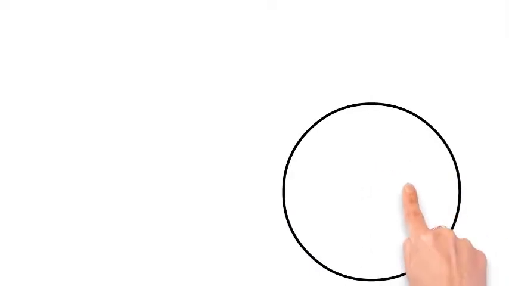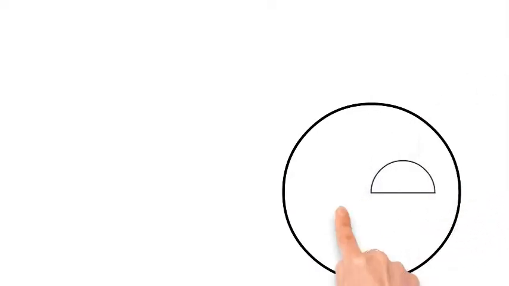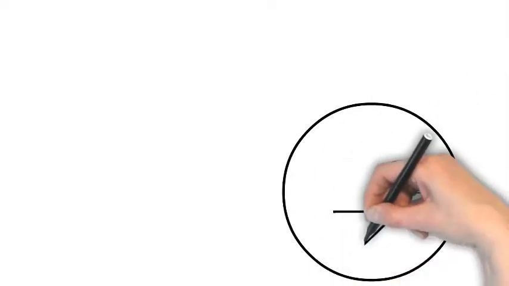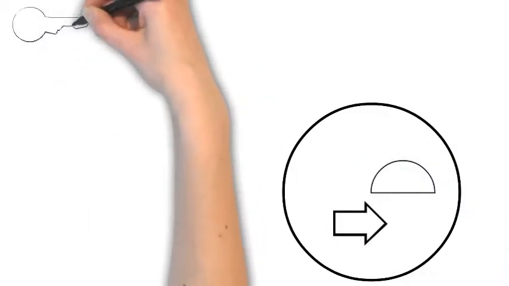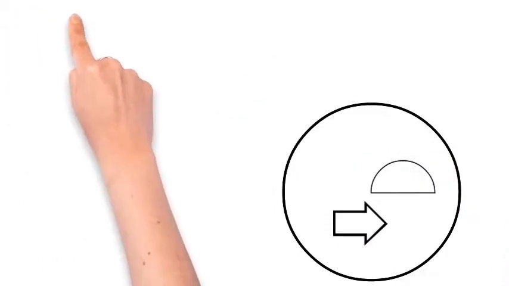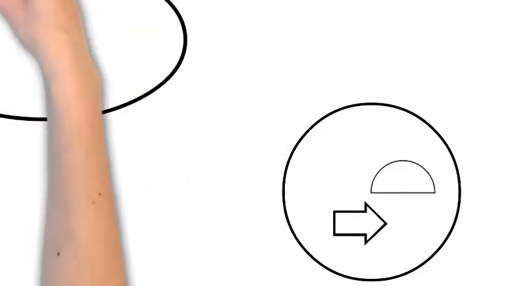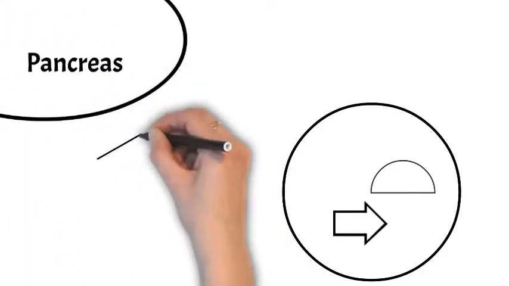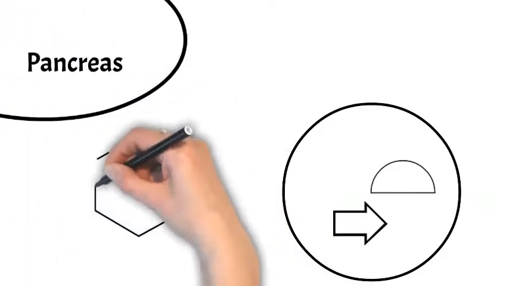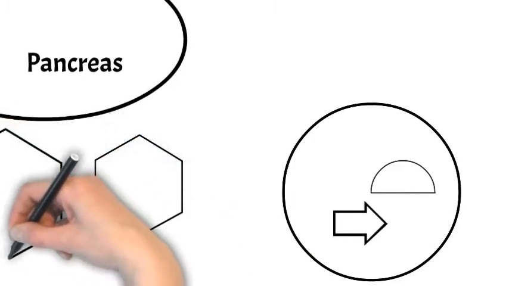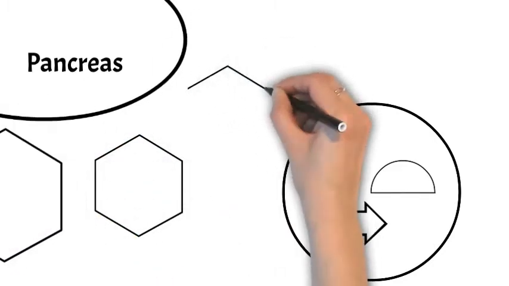Now, in ketoacidosis, it's all about what's happening in the cell. The body wants to try to make energy in its cells, but it just doesn't have the key. Oftentimes it's a type 1 diabetes exacerbation, and the pancreas is not making insulin.